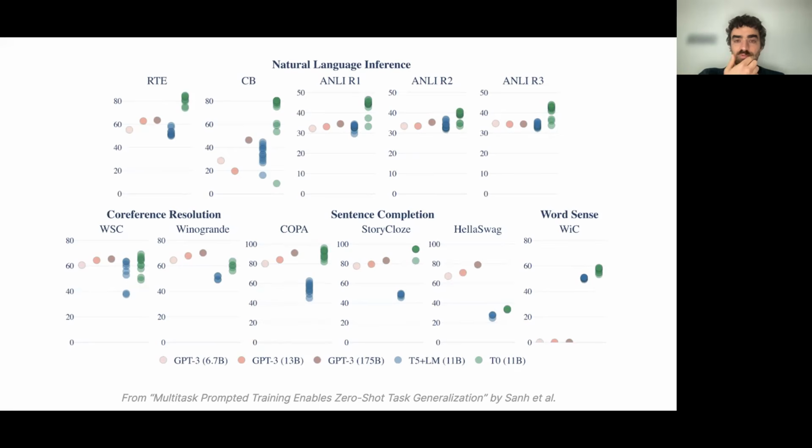Okay, and that was true actually across all of the natural language inference data sets we considered, arguably one of the co-reference resolution data sets, some of the sentence completion data sets, and in the word sense disambiguation data set. So it's not true that in every possible case T0 outperformed GPT-3, but it was true in a lot of cases.